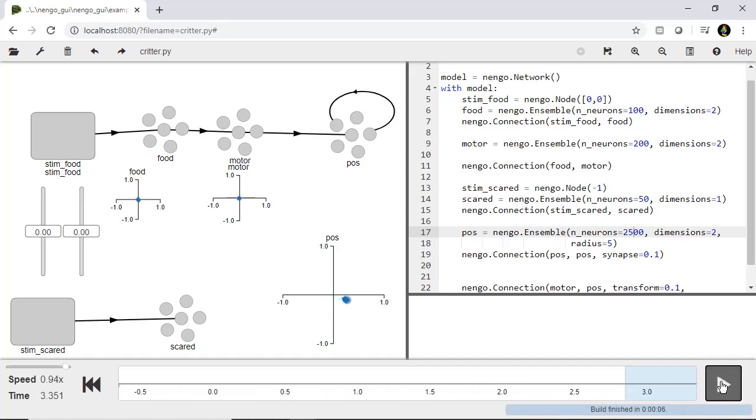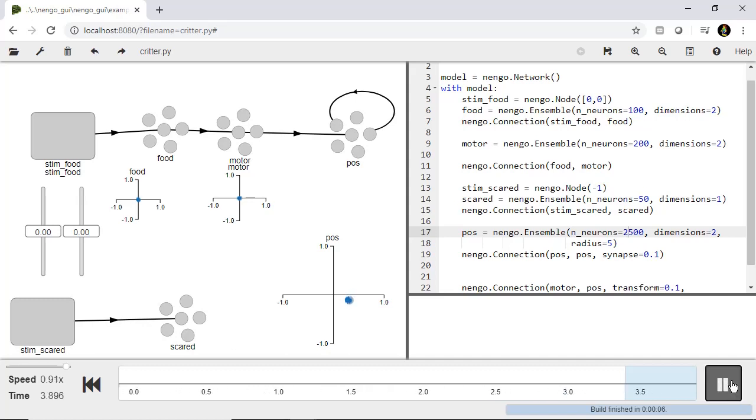If you're running Nengo on your laptop, I would highly recommend not increasing the number of neurons in a particular ensemble to more than 3,000 or 4,000, maybe 5,000 if you're feeling lucky, mostly because of the build process. When you press play, that's when it generates the neurons and solves for all the connection weights.